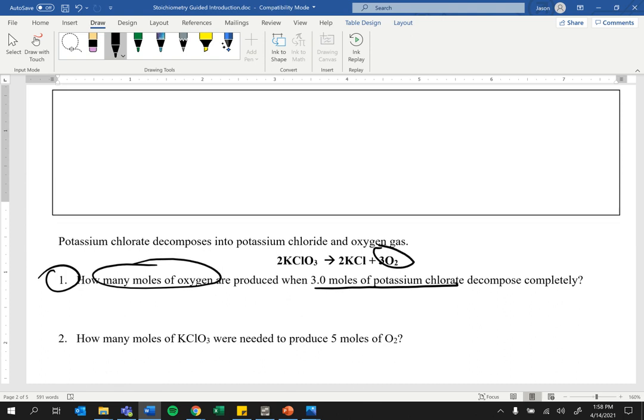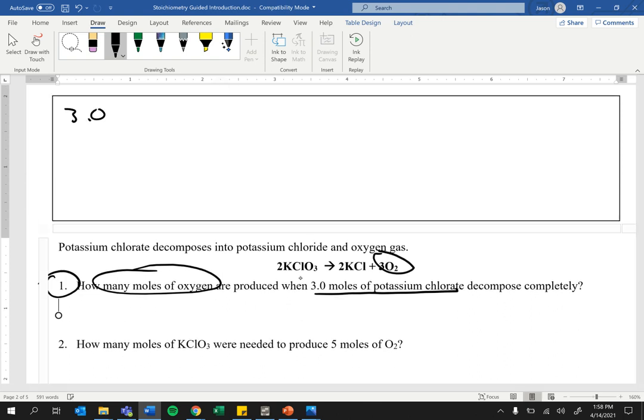Well, I start with my given, which is 3.0 moles of KClO3. And now, if I want to go from a mole of something to a mole of another thing, this is where I use my mole ratio.